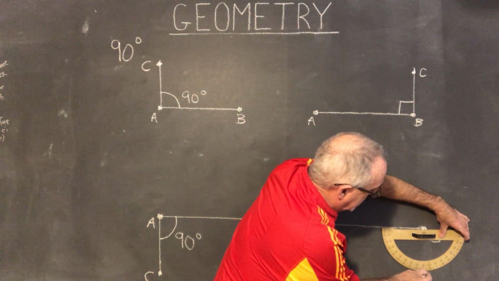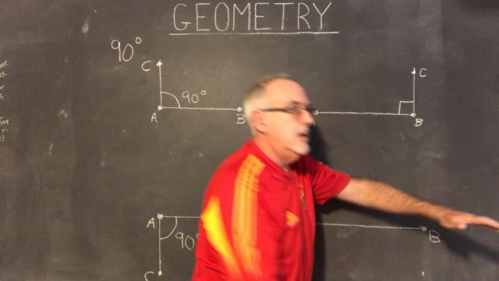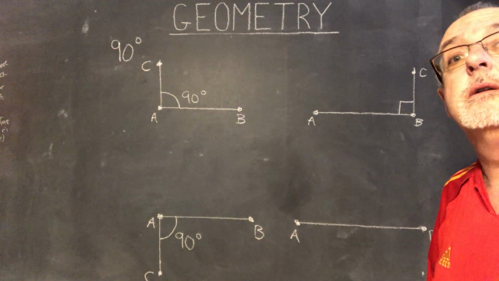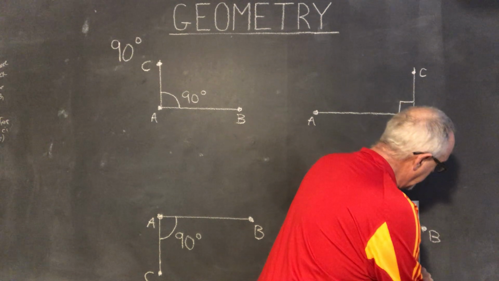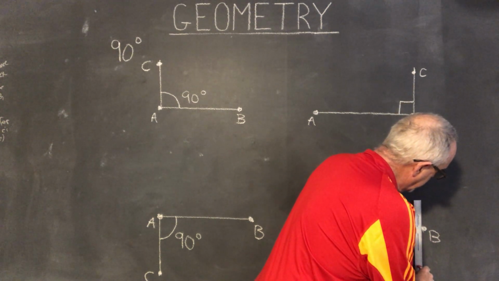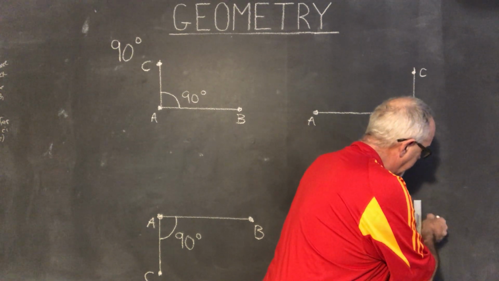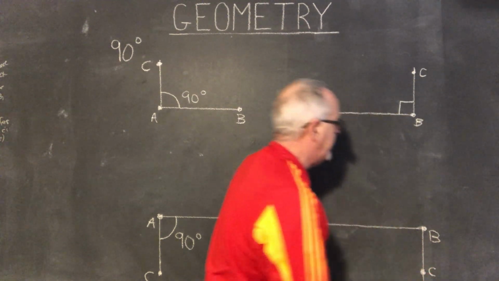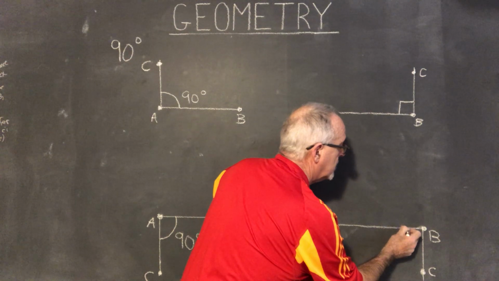Up to 90, make a mark. I'm standing in an awkward position. Does the mark show? Just barely the mark shows on the little video screen. And then I draw a line. And I'm going to label that point C over here again, and I'm going to use this notation again.